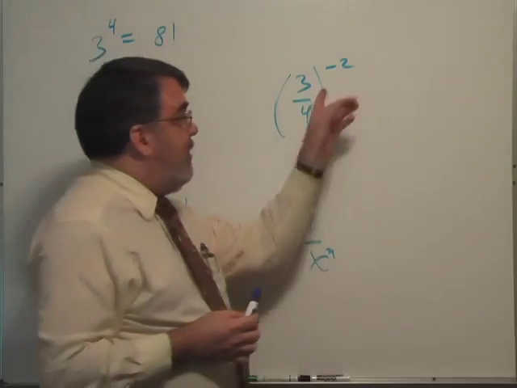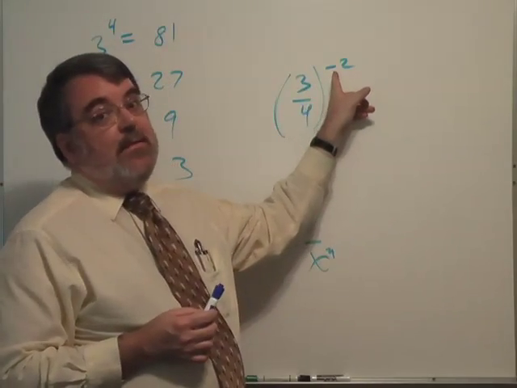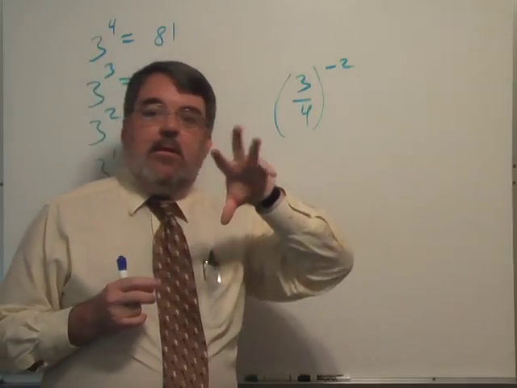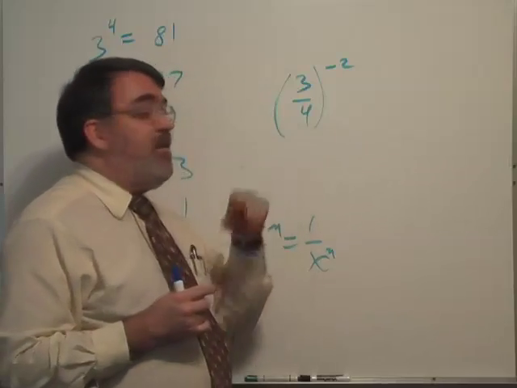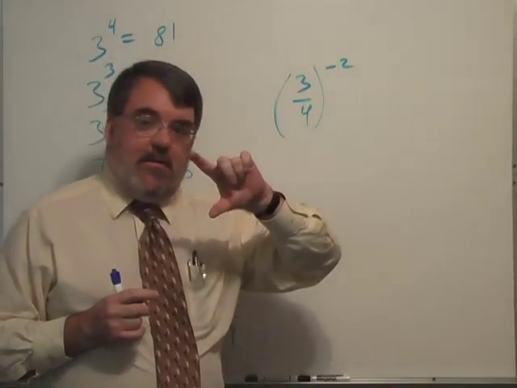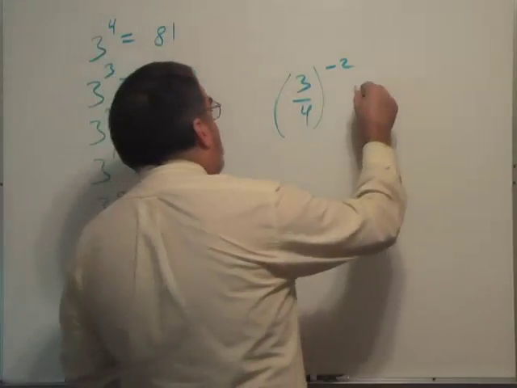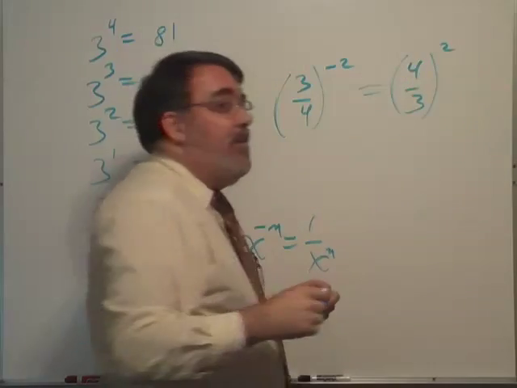Basically it's like this. Again, I want to build on this idea. When you change the exponent from negative to positive, you're changing the position of the base in the fraction. In this case, you can look at it as inverting the fraction. I invert the fraction. So in other words, it's 4/3 to the positive 2 power.